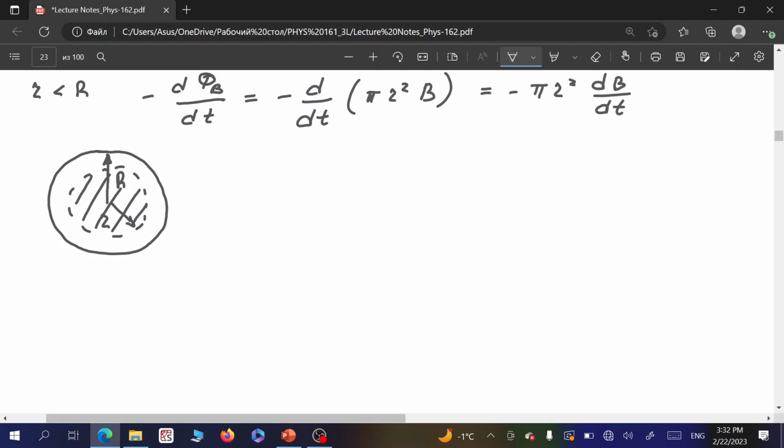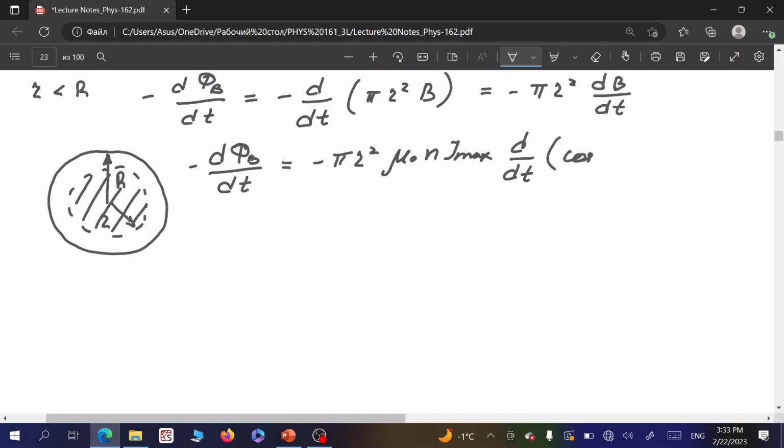So let us substitute here again our expression for time-dependent electric current. dFB over dt will be equal to minus pi r square mu naught times n I maximum d over dt cosine omega t.